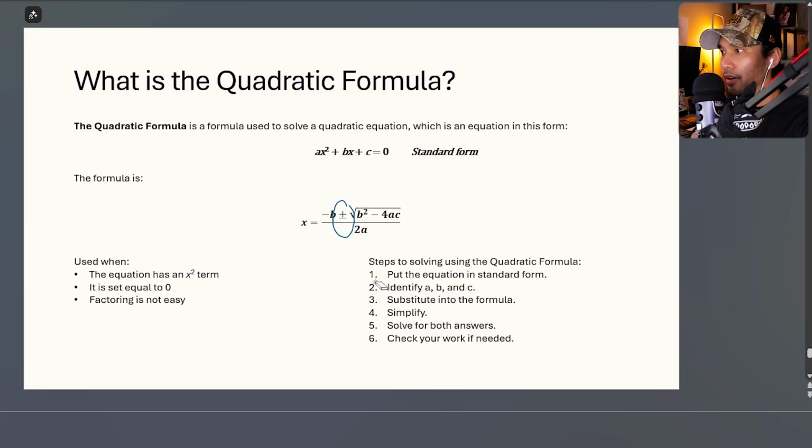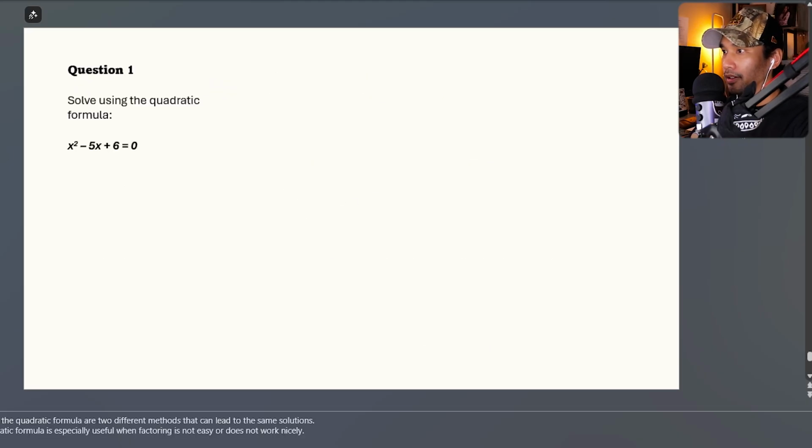So let's just go ahead and use this quadratic formula with some questions. So what I have here: solve using the quadratic formula, x squared minus 5x plus 6 equaling 0. Now we can factor it. If you look really quick, we can factor this.